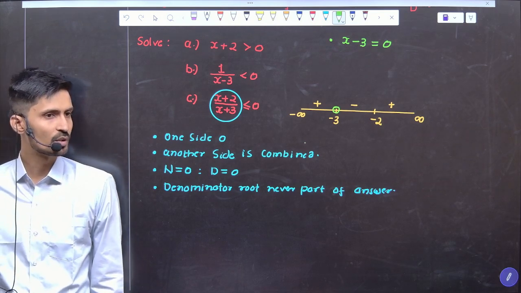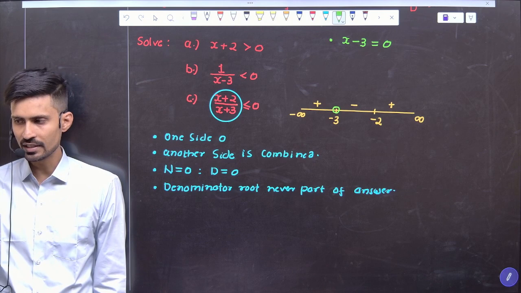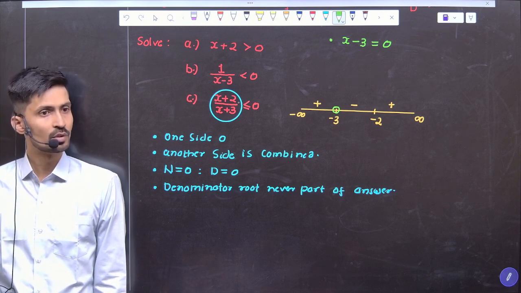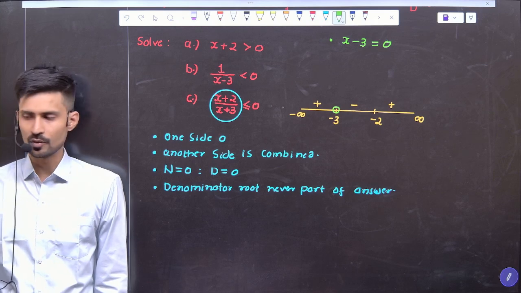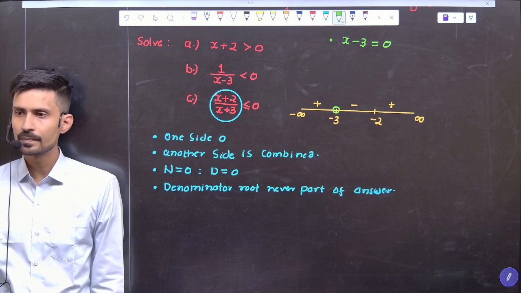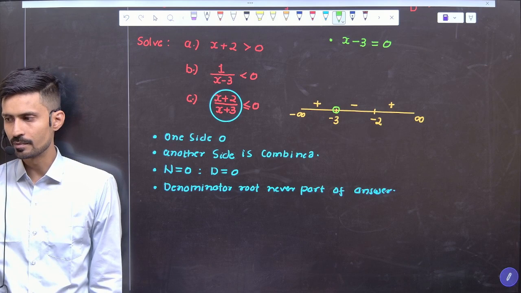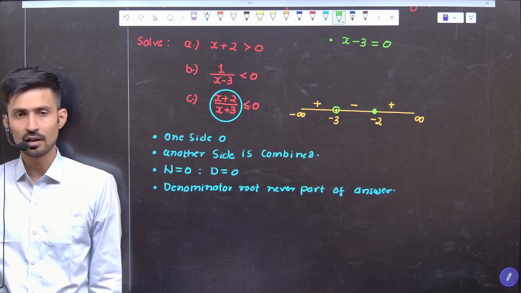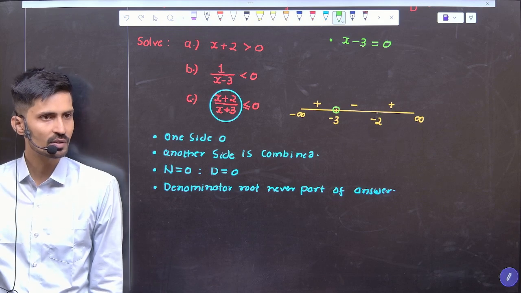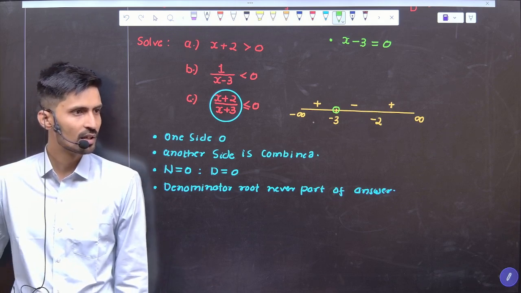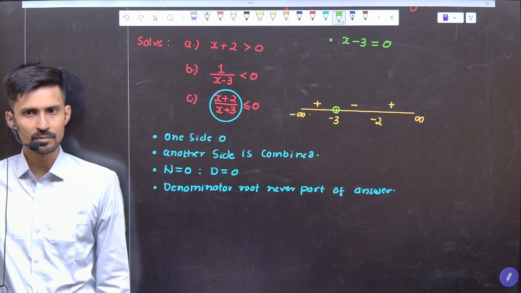Minus 3 is not going to be a part of answer. But here equals to sign is there, so numerator root will be part of answer. What is root of numerator? Minus 2. It means minus 2 will be dark circle. And you know, dark circle means close bracket, hollow circle means open bracket.